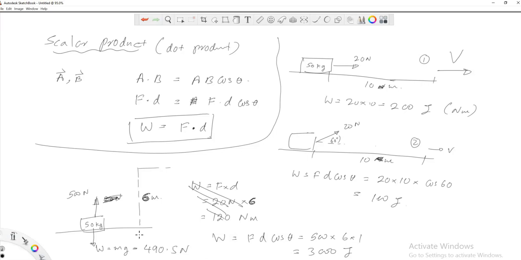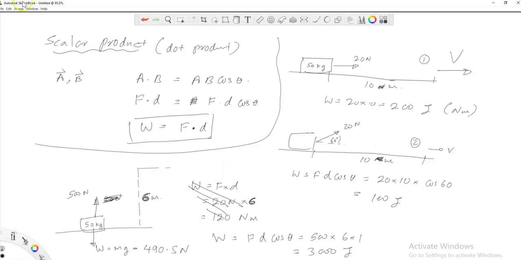But it will be a little less work. It won't be 3000. It will be 2900 maybe, something like that. But the more force you apply, the more work you do, but the job will be done faster. You will reach faster. It will take less time. It will be accelerating. It will have higher speed at the end. All right. So those are the things to keep in mind.